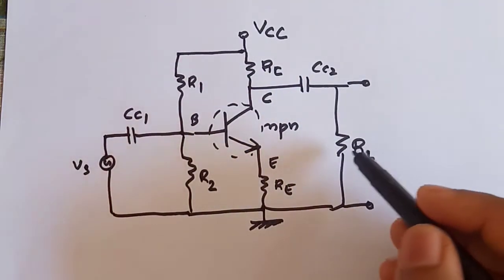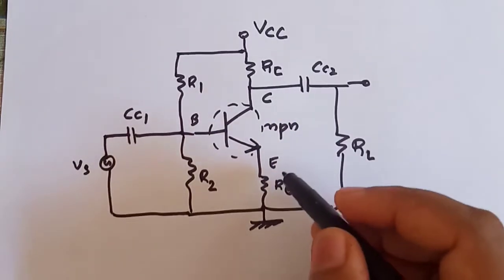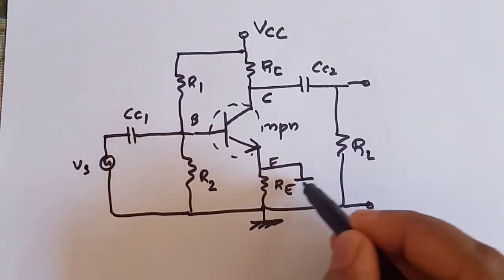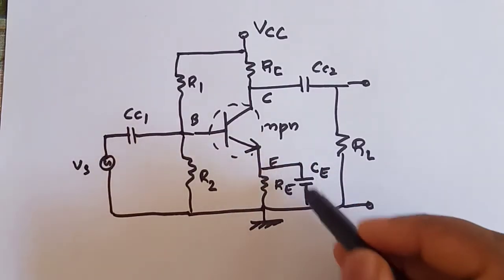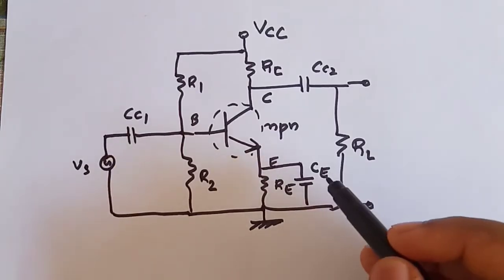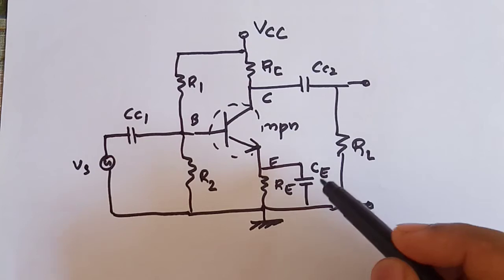Then we need to draw the load resistor, and there is an important thing: a capacitor parallel to the RE. This capacitor is called the emitter bypass capacitor, CE.